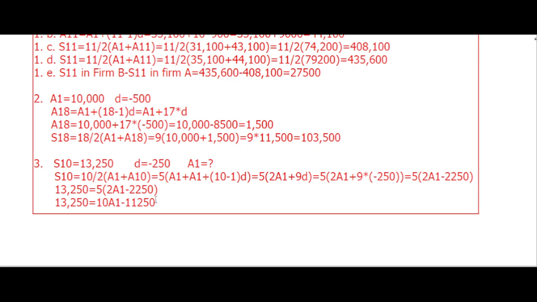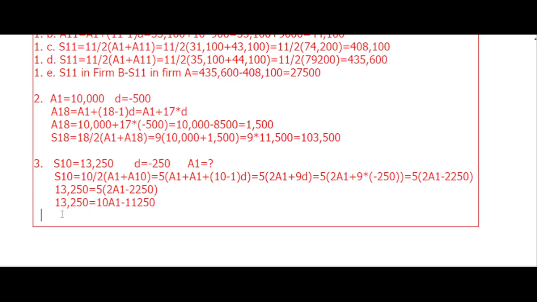Now let's take these two to the left side. 13,250 plus 11,250, which is equal to 10 times A1. Let's add this: 13,250 plus 11,250, which is equal to 24,500.